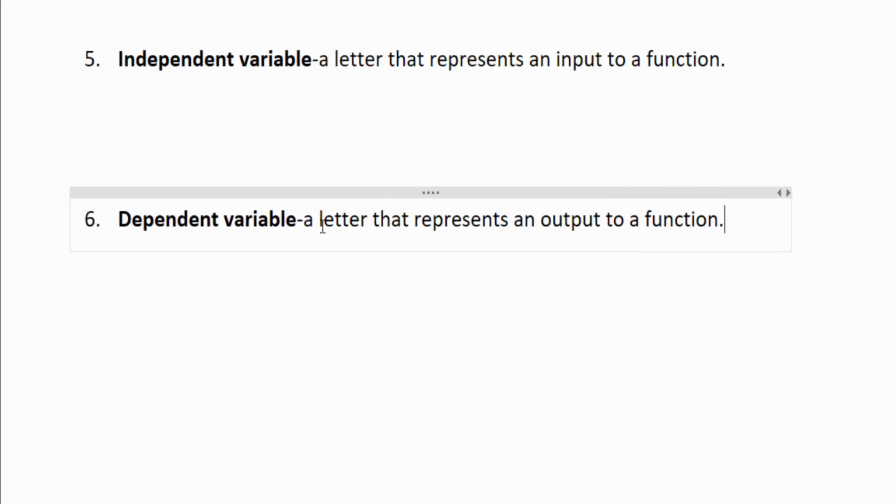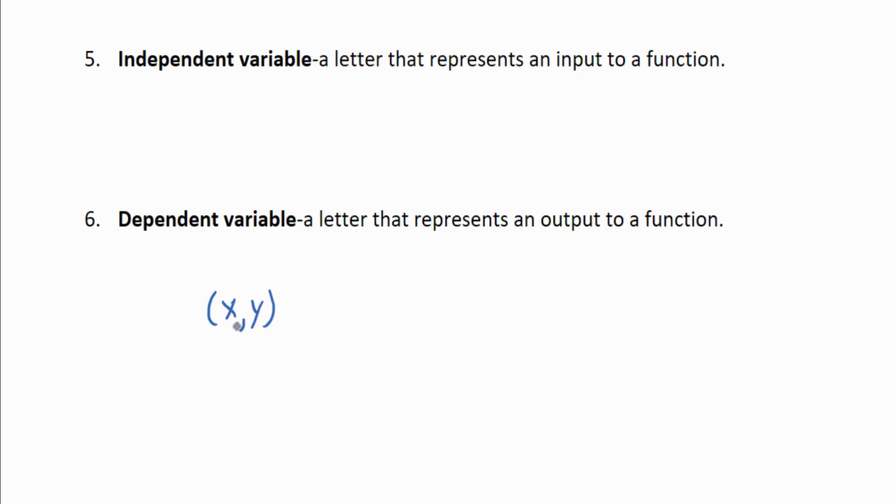So if you're thinking in terms of your ordered pairs x and y, remember we do that when we plot points on the xy plane, then x is your input variable. It's also called the independent variable. And y is the dependent variable.